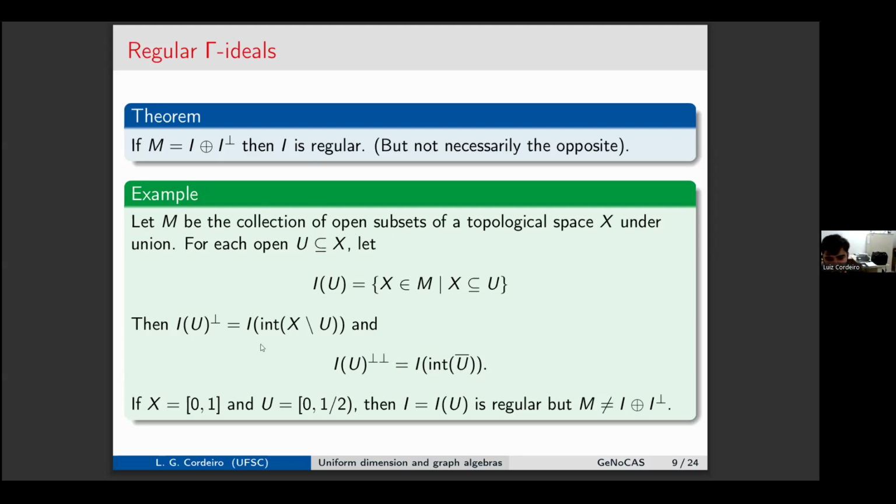So in particular, the ideal generated by an open set is regular if and only if the open set itself is a regular open set. So, for example, if we take the unit interval with the usual topology and the first half of it, that is a regular open set, and then the ideal it generates is regular. However, the whole monoid given by the open subsets of X is not the direct sum of the ideal and its complement, because the right-hand side does not contain any open subset which contains the point 1/2.